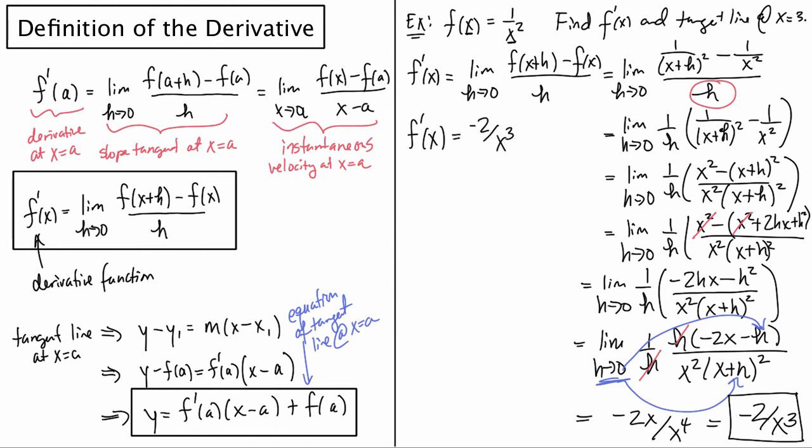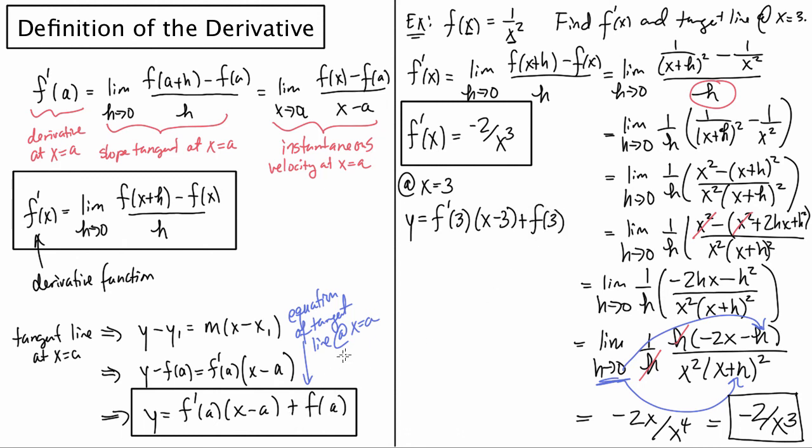Now later in the semester we're going to explain why that's more significant than it already is, but it's incredibly significant to know that that is the derivative of the function f. But what it allows us to do for this particular problem is to say, okay, if I wanted to know the tangent line at x equals 3, then my tangent line is y equals f prime at 3 times (x minus 3) plus the function value at 3, just going off the equation of the tangent line.